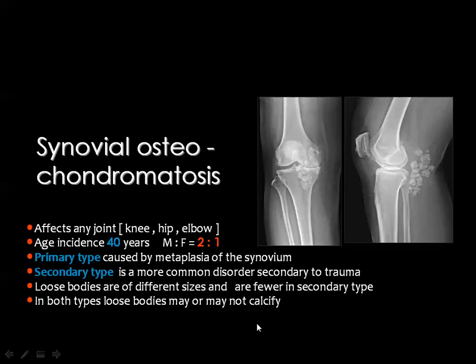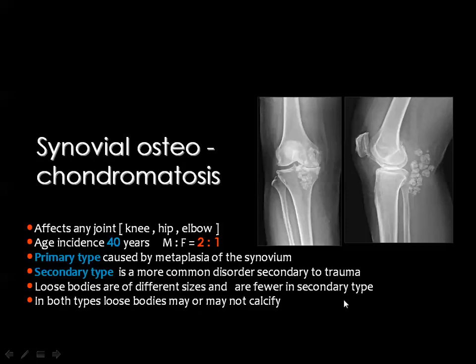Synovial osteochondromatosis is one of the lesions that affect major joints, especially the knee, the hip, and the elbow, with the age incidence around 40 years, and with some male predilection. The primary type is due to metaplasia of the synovium into cartilage. The secondary type is usually secondary to osteoarthritis and maybe trauma.